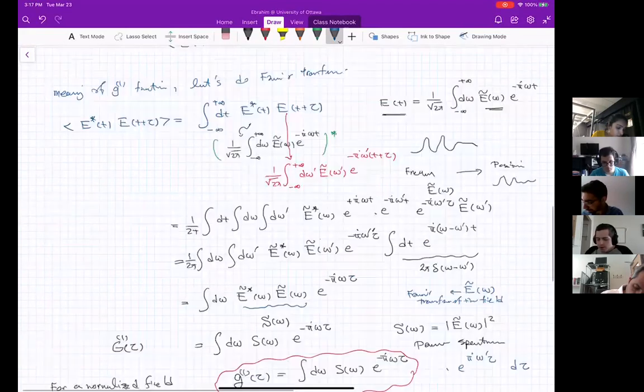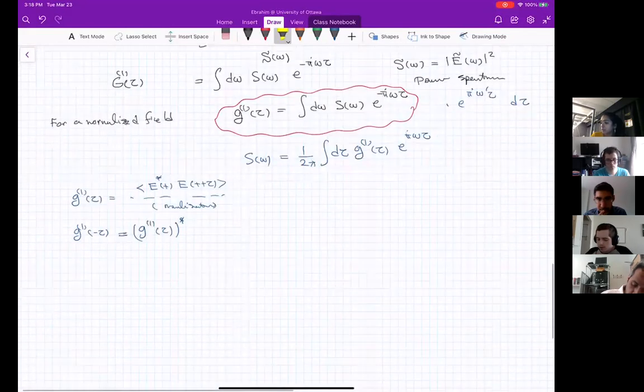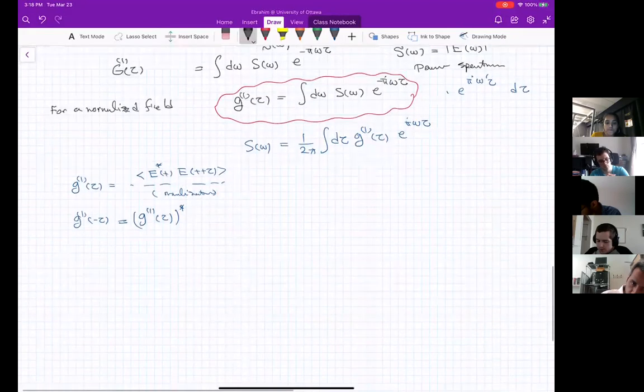Look at this expression, guys. Look at this one. I will change tau to be minus tau. Do the change of variable, and I'm sure that you will get that quickly. Okay. Good. So I need that property for the following expression.